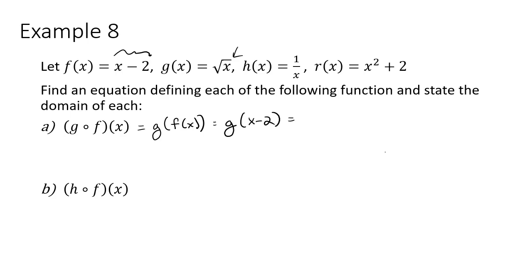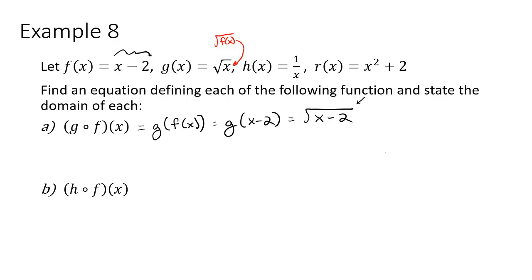So g of x is square root of x, but now I'm going to replace that x in the square root with x minus 2. Again, this is basically us plugging f of x into the function g. So this is our equation defining the composition. This doesn't simplify at all, so this is as good as it gets.